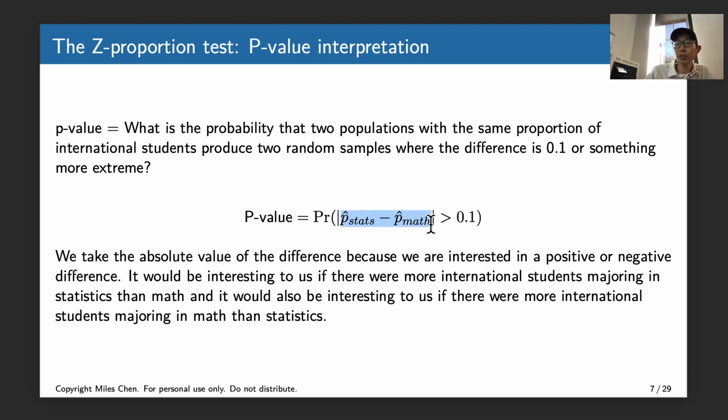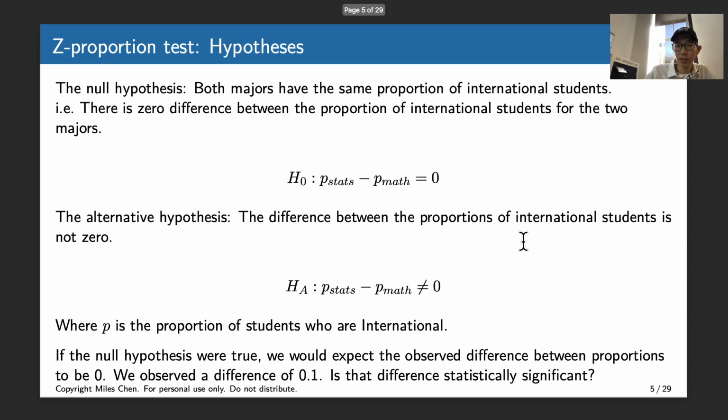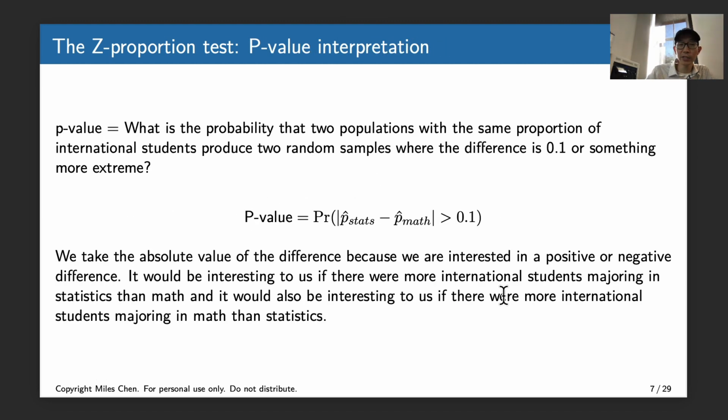Because our alternative has a not equal sign, we're interested in either a positive or a negative difference. We're going to take the absolute value. In our case we got 50% stats and 40% for data theory, so that's a difference of positive 0.1. But according to our alternative hypothesis, it would also be interesting if stats was 40% and data theory was 50%.